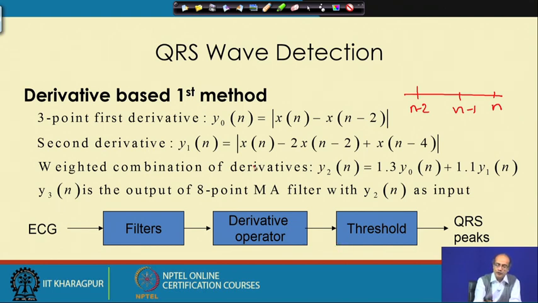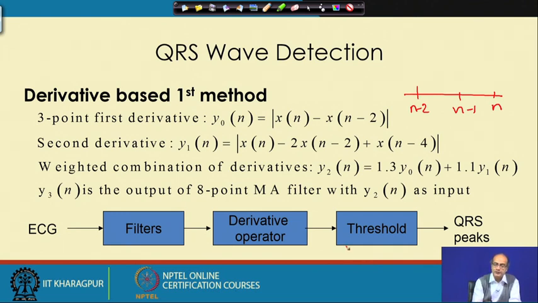Here, for the purpose of presentation, the absolute value is taken. Because if we do not take the absolute value, then we have to take two thresholds: one threshold above 0, another below 0. To make it simple, we take the absolute value, which helps us do the job with only a single threshold.